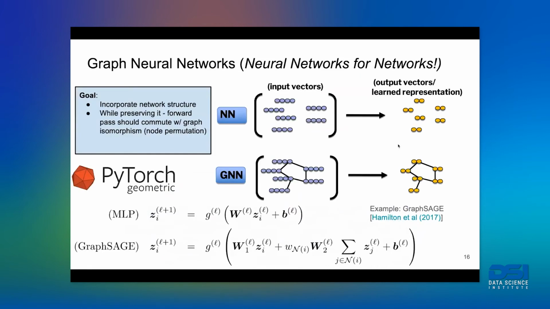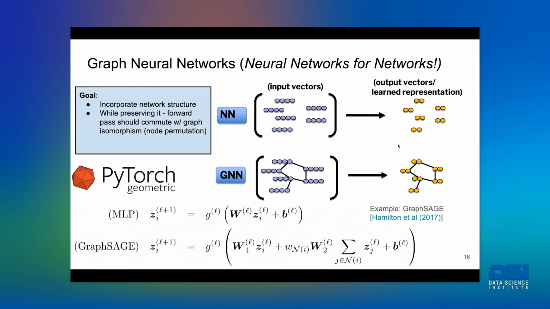To say it another way, the basic design principle of a graph neural network is that you want to incorporate the network structure of your data. At the same time, you want to be constrained in how you do so. You'd like to preserve the network structure. And I think the way of describing this that's probably appealing to physicists is that you would say that the forward pass through the neural network of your data set should commute with a graph isomorphism.